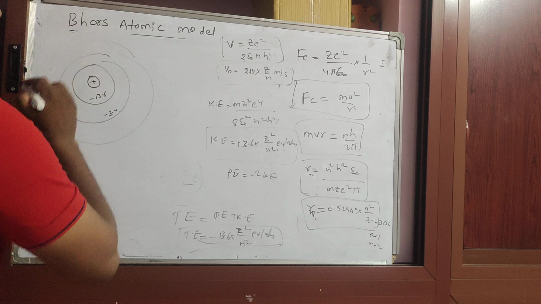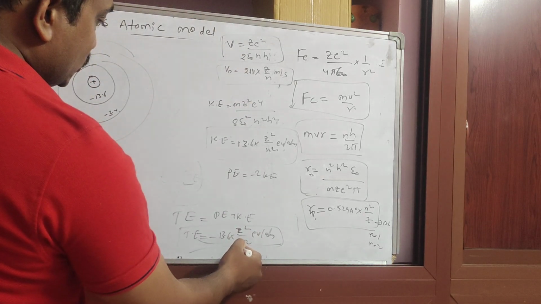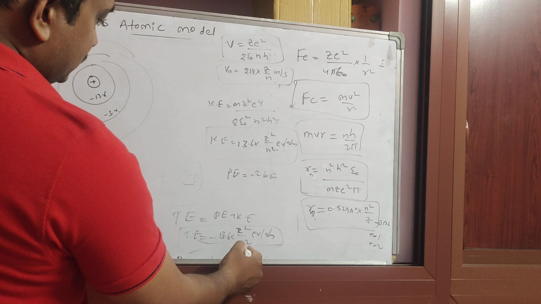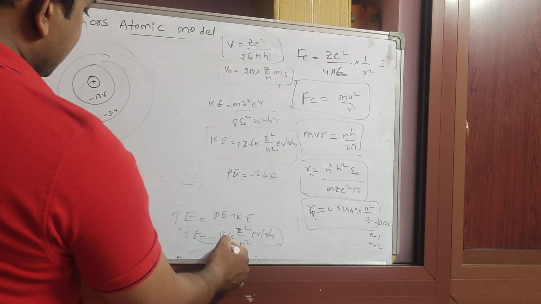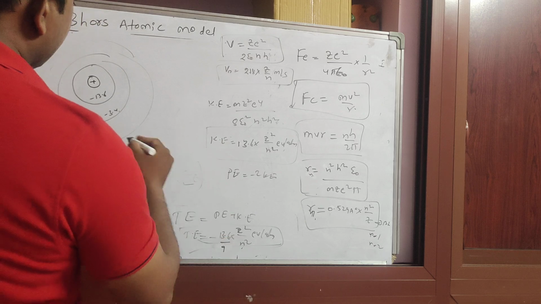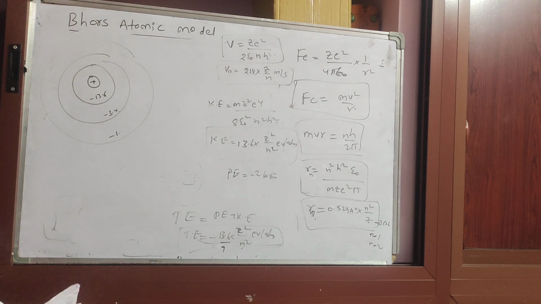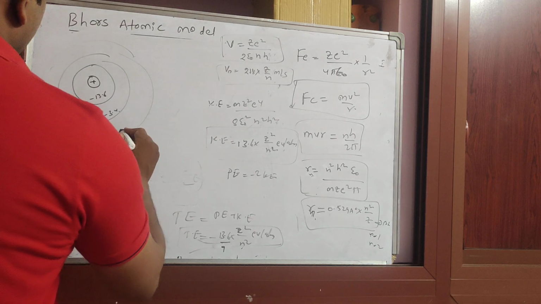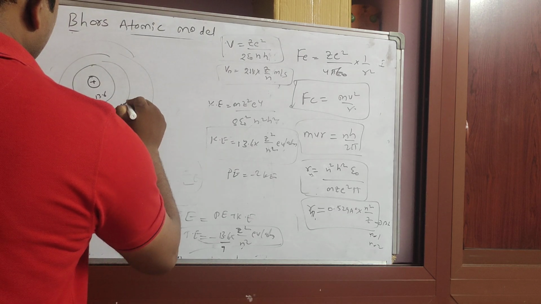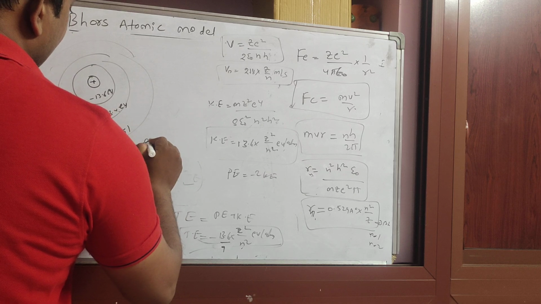If you derive it, the next is minus 3.4 for n equals 2, and for n equals 3, 9, it is minus 1.51 electron volts, and then minus 0.85 electron volts for n equals 4. You have to remember, very, very important.